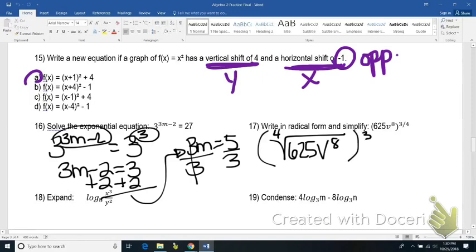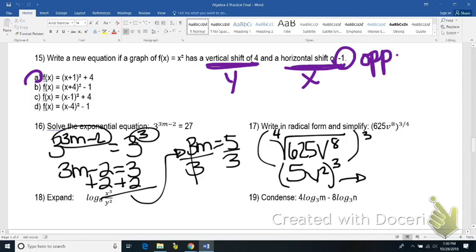Okay. 17, the 4th root of 625 times v to the 8th, all to the 3rd power. So the 4th root of 625 is 5. And then when you take the 4th root of v to the 8th, remember you just divide your exponent by your root. So it's v squared.